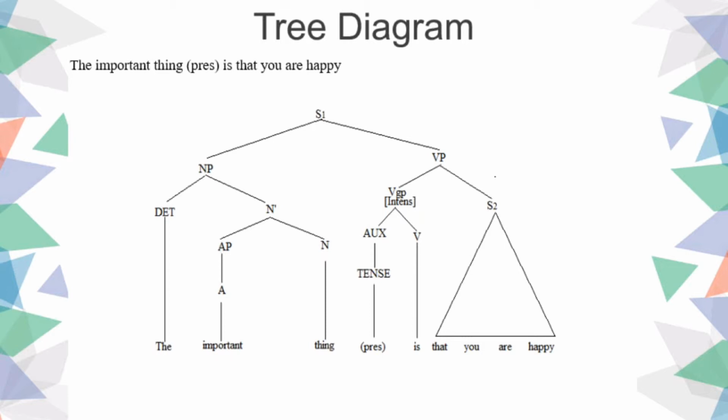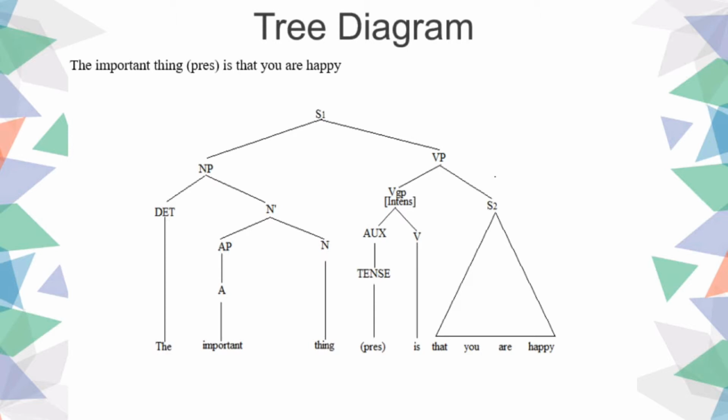Noun phrase consists of determiner and N-bar. We put N-bar because we have adjective phrase and noun. The is a determiner, important is an adjective, and thing is a noun.